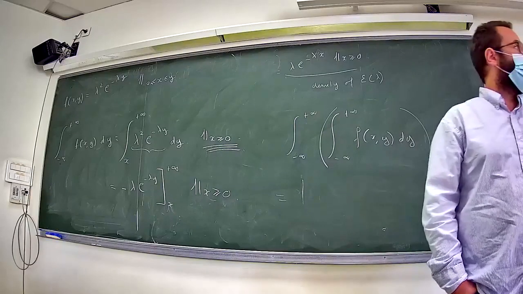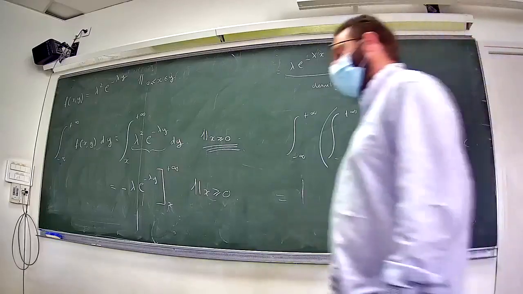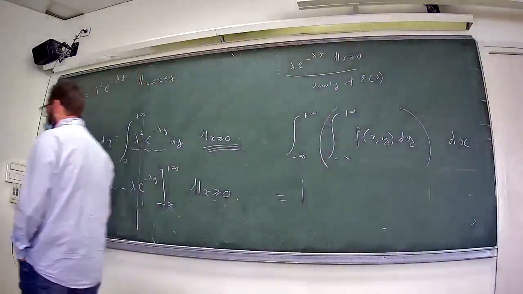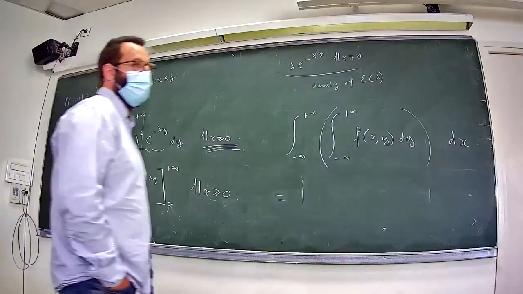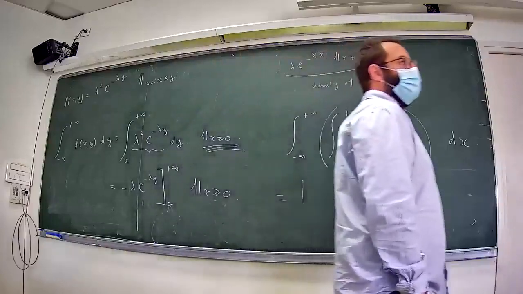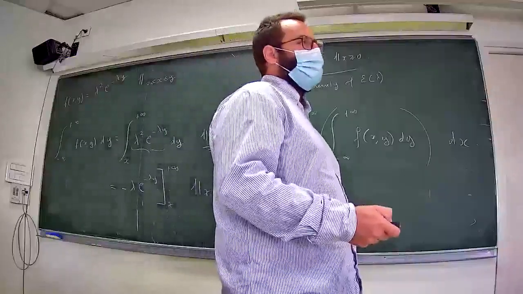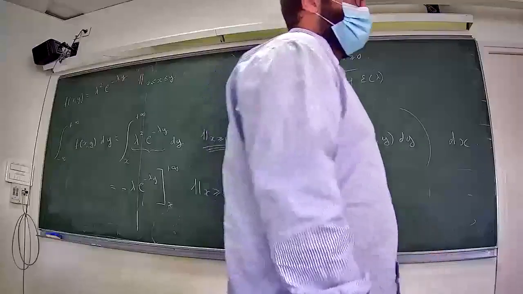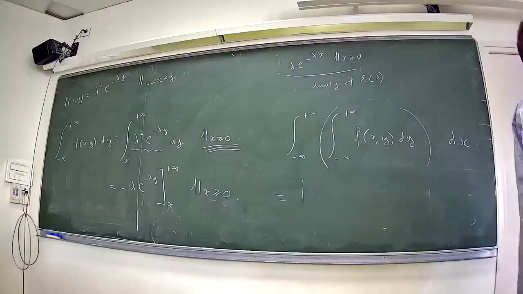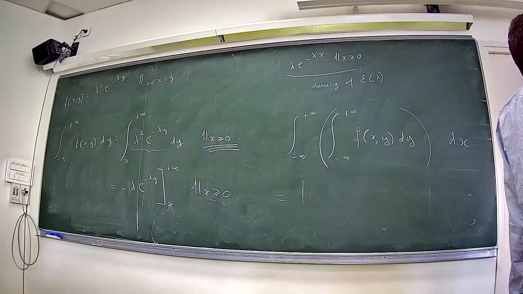Two real random variables X and Y are jointly continuous if there exists a regular mapping such that the probability that X is less than small x and Y is less than small y is equal to the double partial integral of the mapping small f capital X capital Y, that is called the joint density of the pair. So if you want, this definition generalizes what I have done in the case of 1. In the case of 1, I am continuous, and I have this density function.